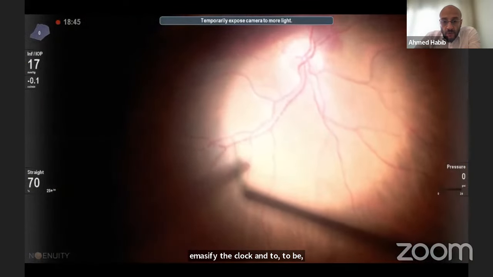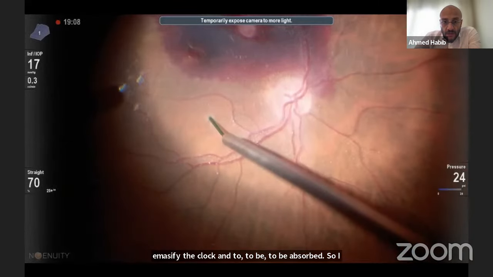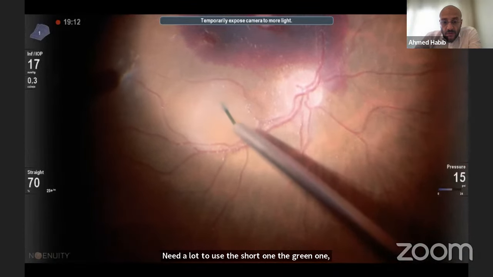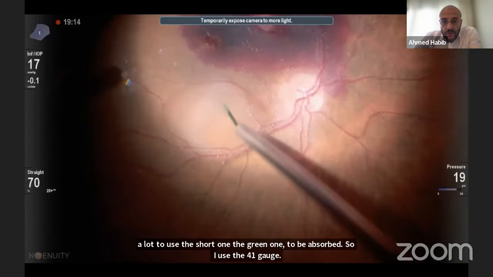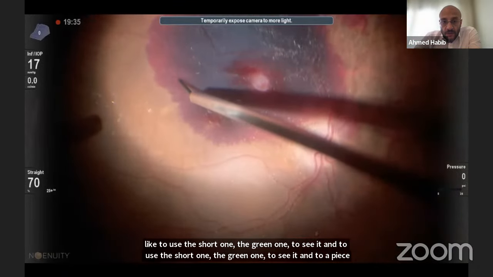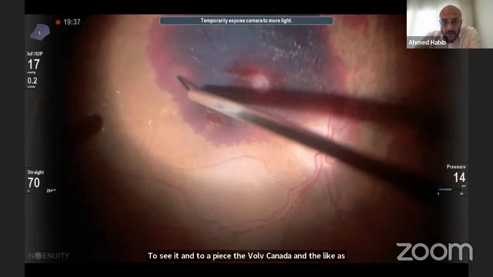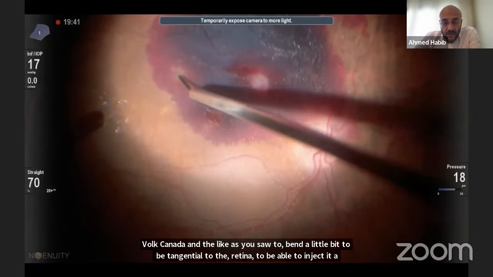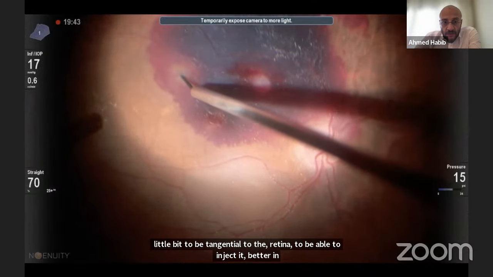I like to use the short one, the green one, so as to see it and to pierce the valve cannula. And I like, as you saw, to bend it a little bit to be tangential to the retina, to be able to inject it in a better way and not to pierce the RPE, just to enter the subretinal area and to inject the TPA.